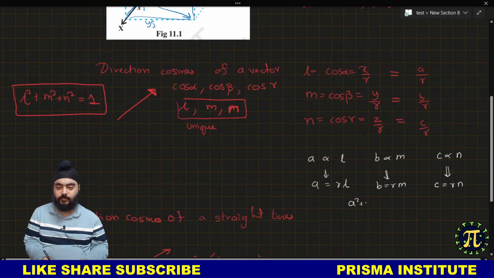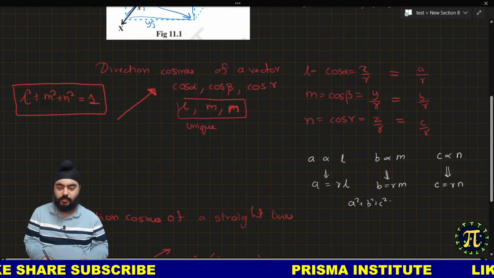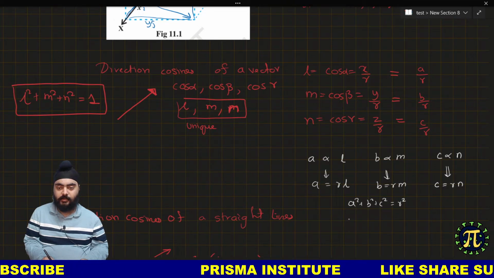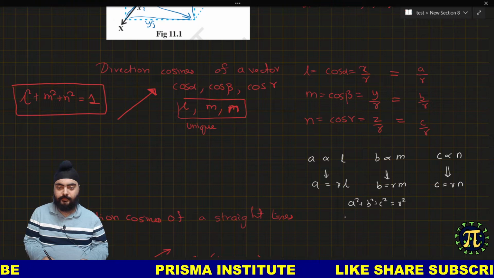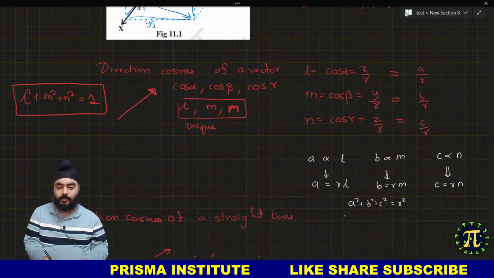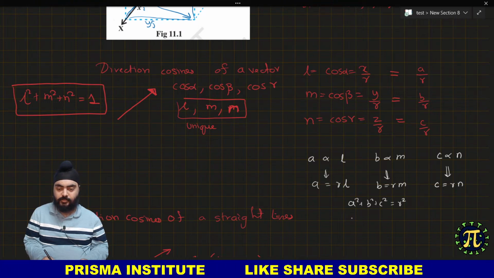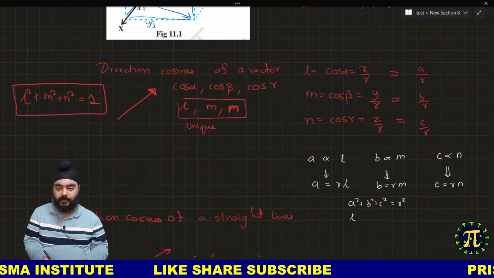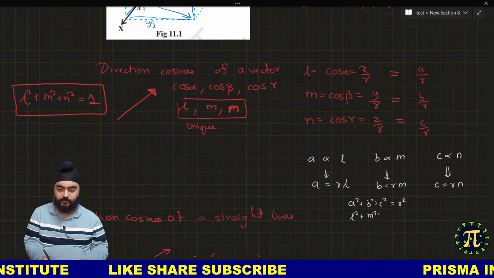A square plus B square plus C square is R square, right? Because the length of that vector will be defined by the square root of the squares of the direction ratios or direction numbers, and we have also defined L square plus M square plus N square is 1, right?